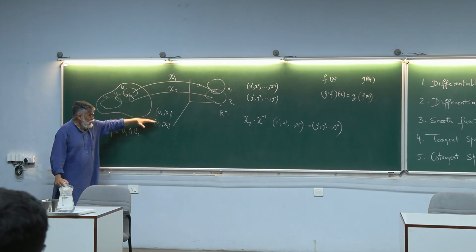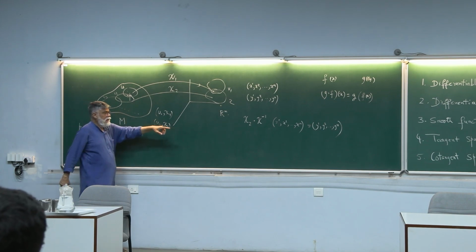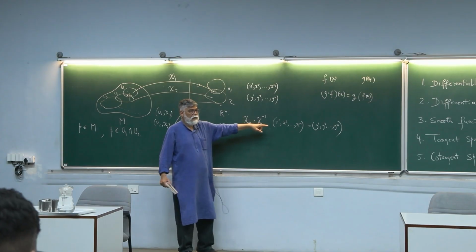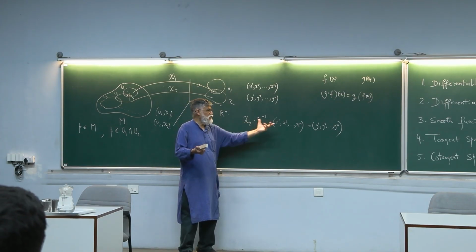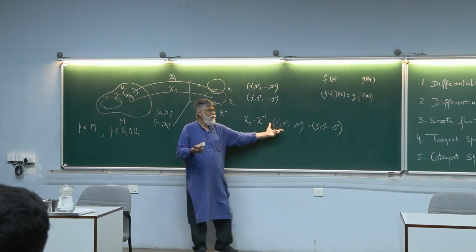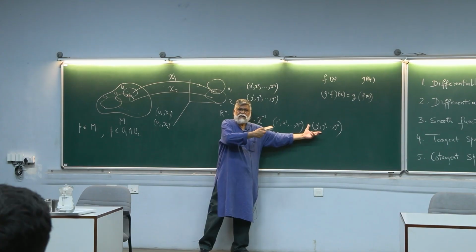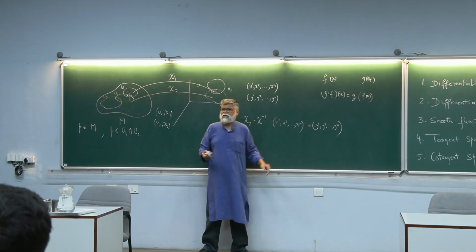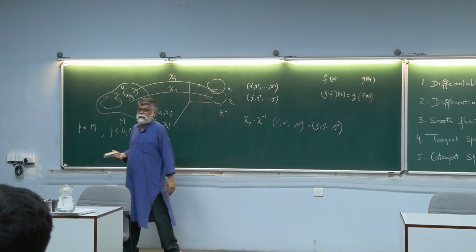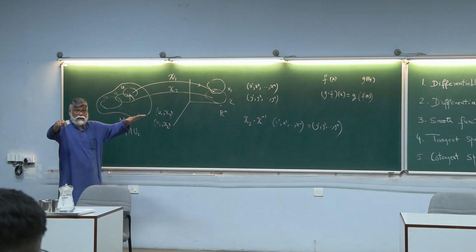U1 chi1 and U2 chi2, these two charts are said to be differentiably related if this function is infinitely differentiable. Remember, this is a function of n variables taking us to another n variables, and we know what we mean by a smooth function. If an infinite number of partial derivatives with respect to x1, x2 up to xn are well defined, then such a function is infinitely differentiable.